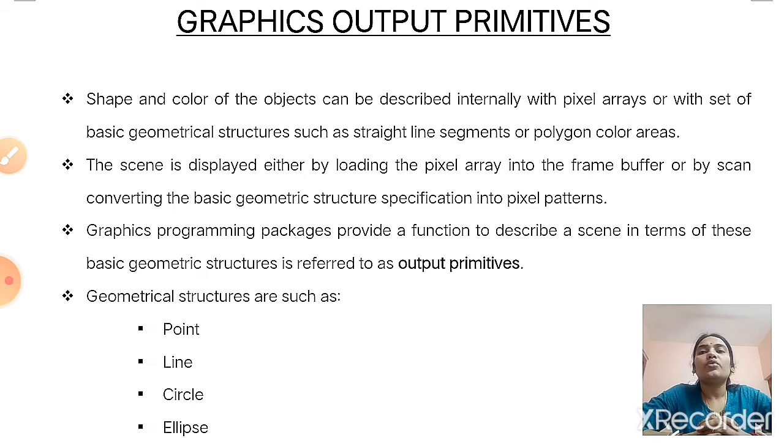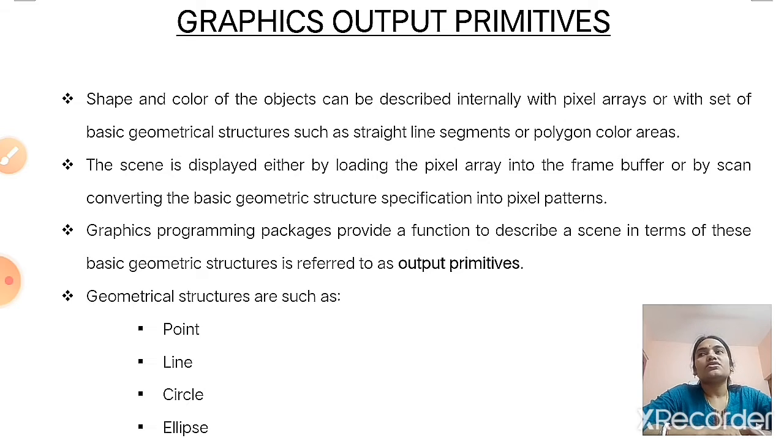Similarly, we can use some geometrical structures to define the scenes. Graphics programming packages provide functions to describe a scene in terms of these basic geometric structures, referred to as output primitives. The geometrical structures are such as point, line, circle, ellipse.